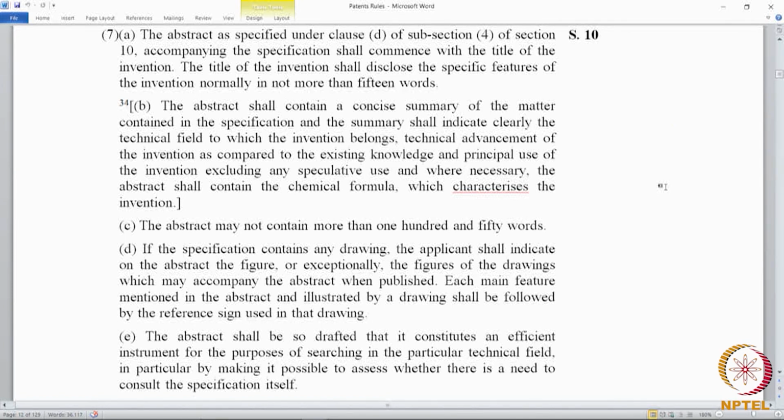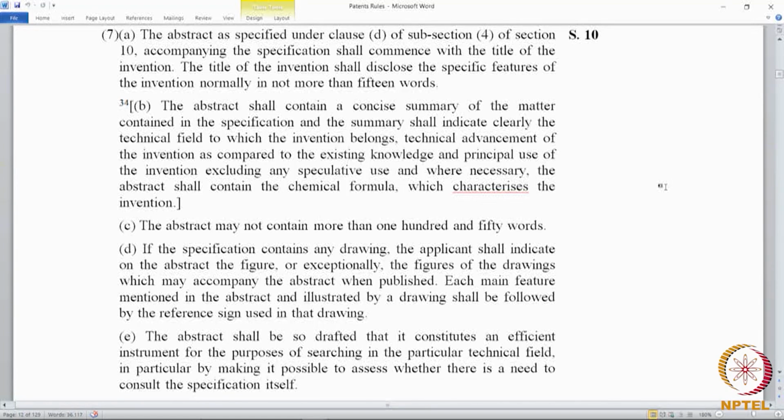The abstract, 13.7b states that the abstract shall contain a concise summary of the matter contained in the specification. It's a summary, and the summary shall indicate clearly the following things.